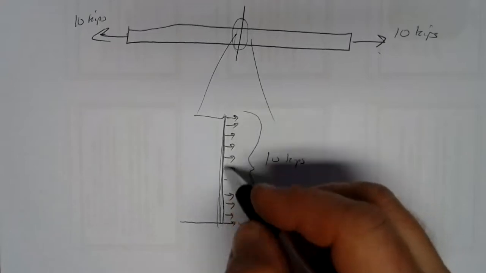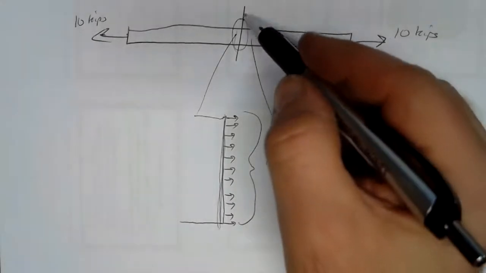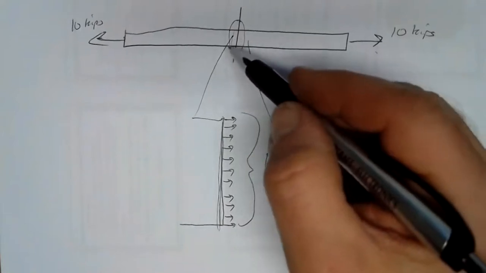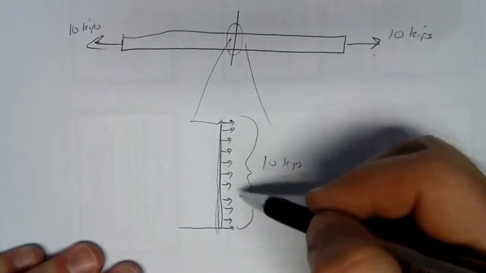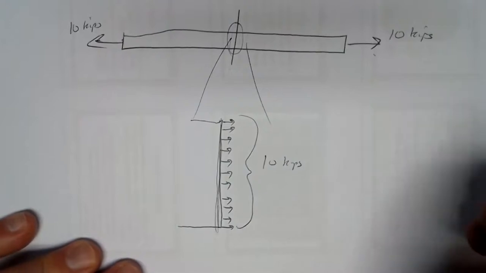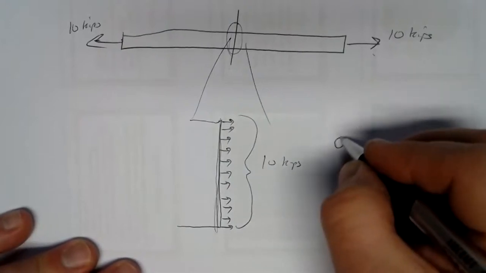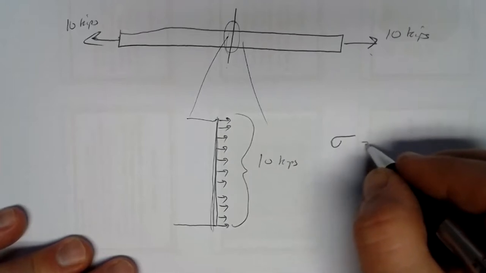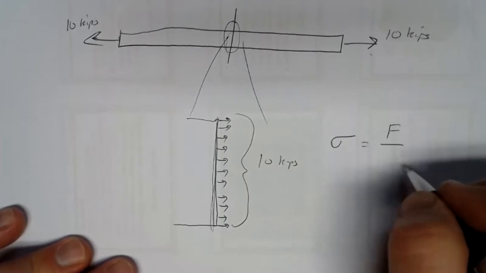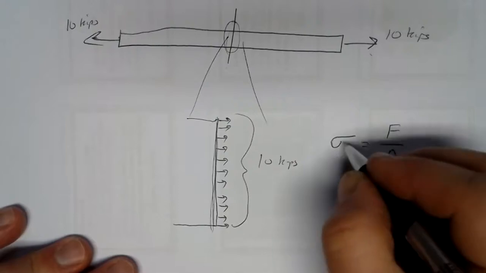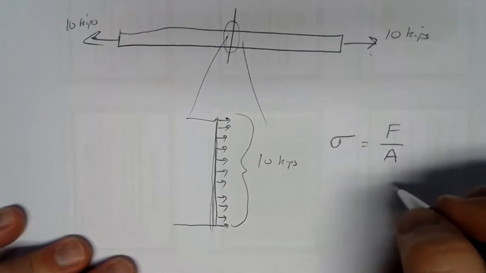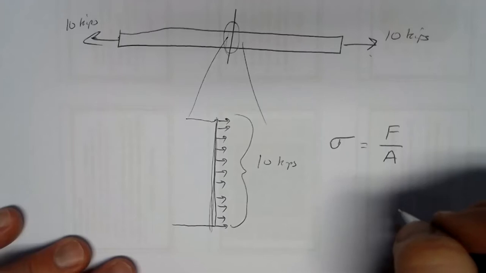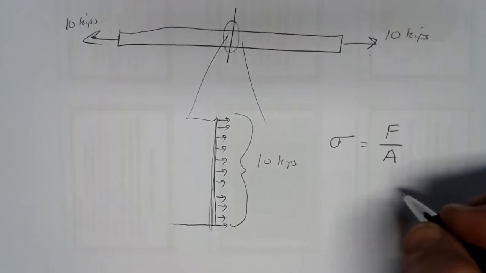Here, the area is the cross-sectional area of the beam. So it's what you'd see if you cut through this and then turned it so you could look end on at the beam. That would be the exposed area. And the normal stress, we gave this the Greek letter sigma, and it's equal to the force over the area. And sigma is positive if we have a tensile force, and it's negative if we have a compressive force, just by convention, by agreement.